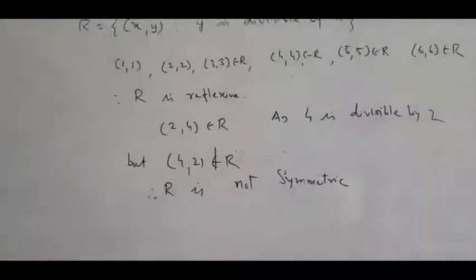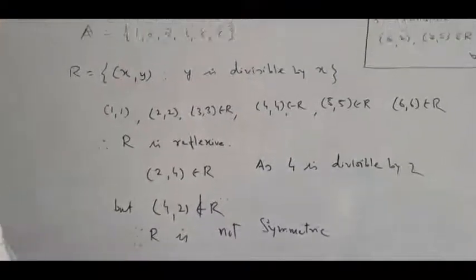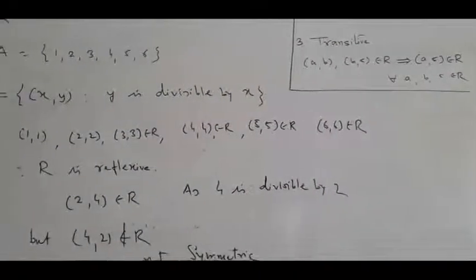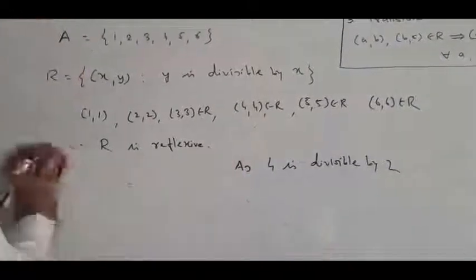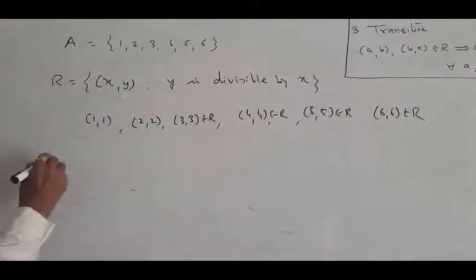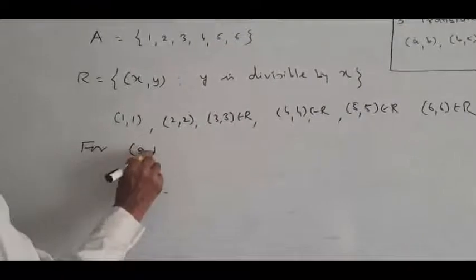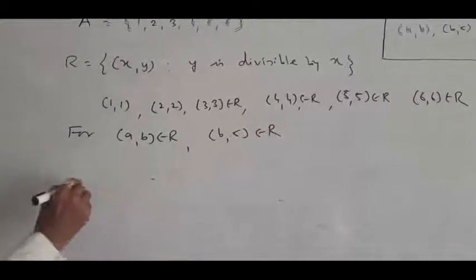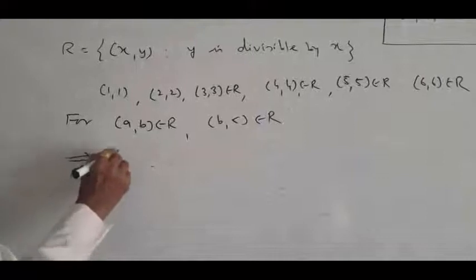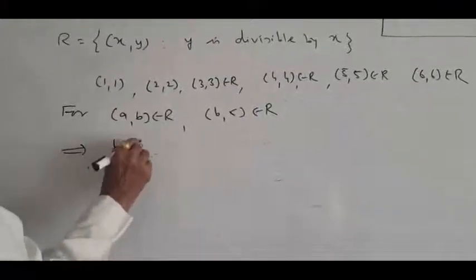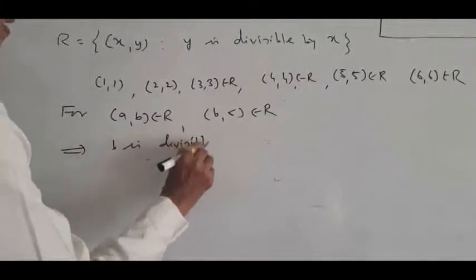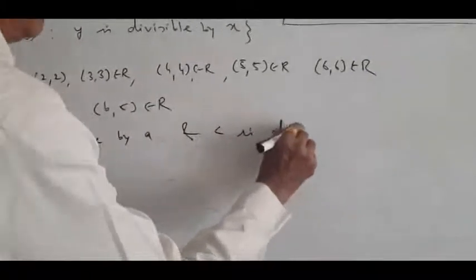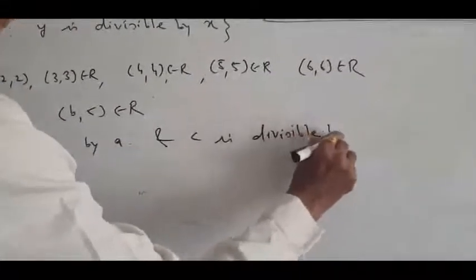Now, a relation is transitive if for ordered pairs (a, b) and (b, c), (a, c) belongs to R. Here, (a, b) belongs to R and (b, c) belongs to R implies b is divisible by a and c is divisible by b.